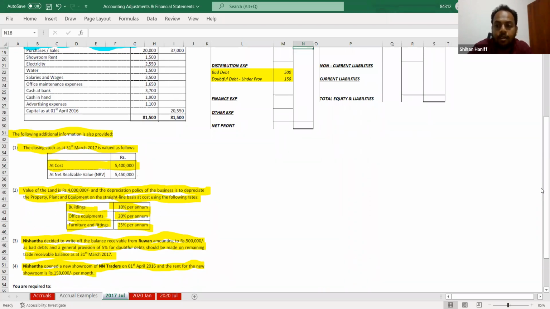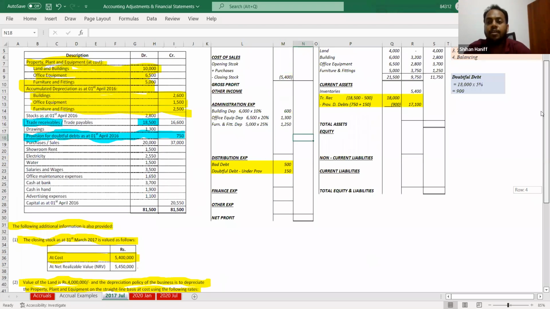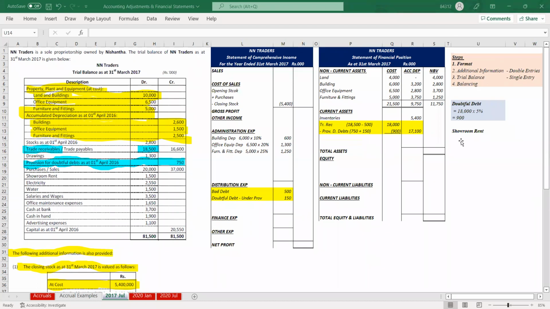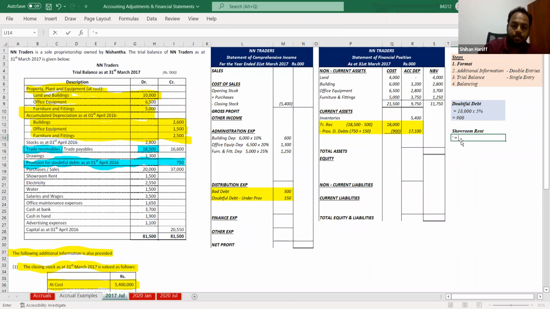Then what is the total showroom rent? 150 into 12 months, 1,800.